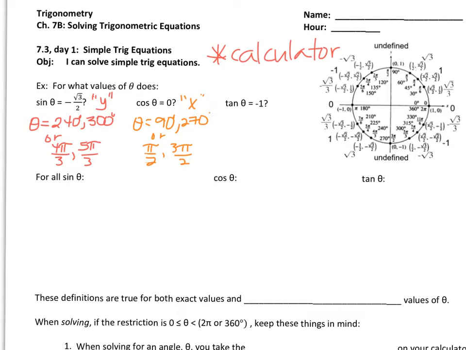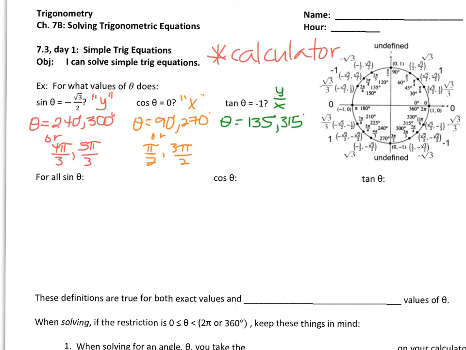Tangent equals negative 1. We have that as well. Tangent, remember, is y over x. It will equal negative 1 when x and y are the same numbers, but different signs. And you can see negative 1 written kind of on the outside of the circle over in quadrants 2 and down in quadrant 4 at 135 and 315.